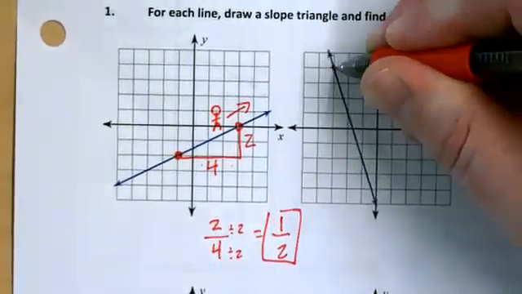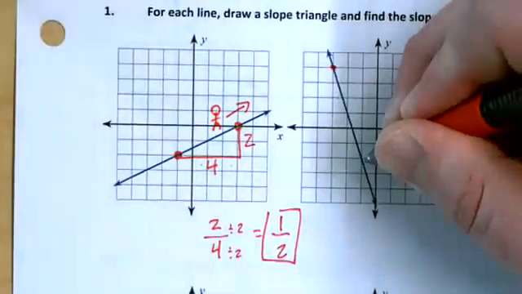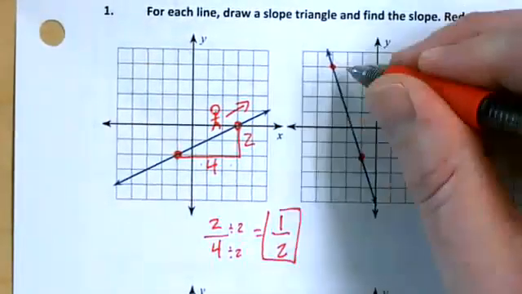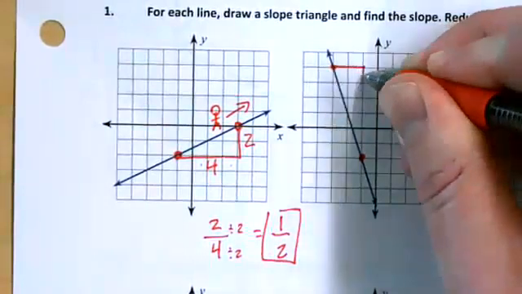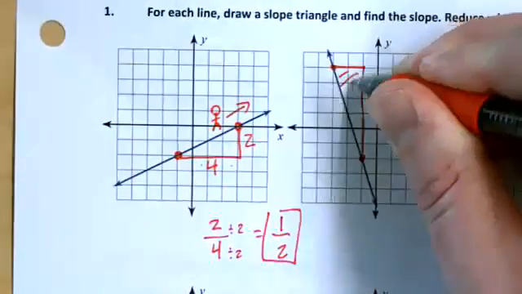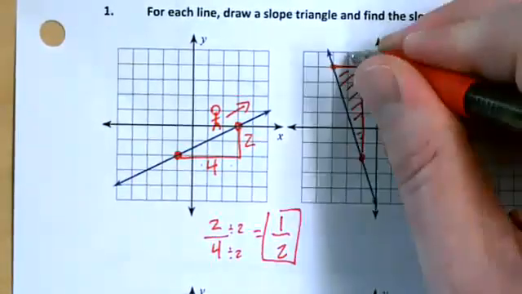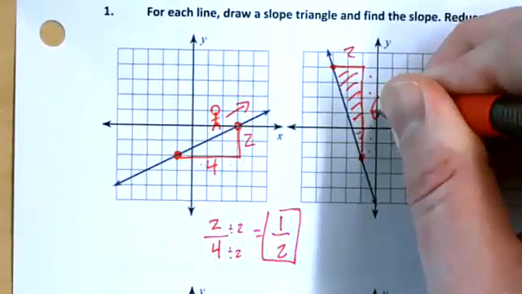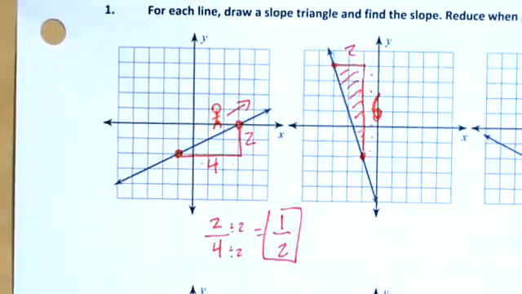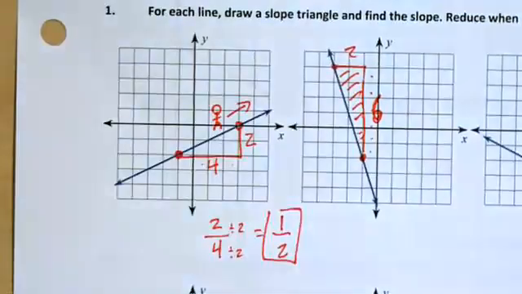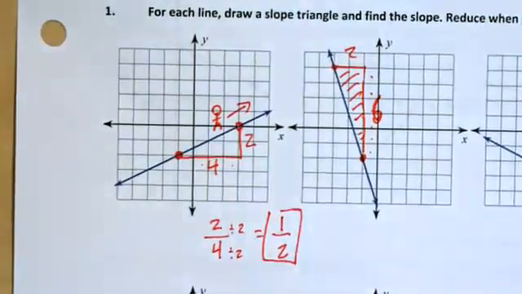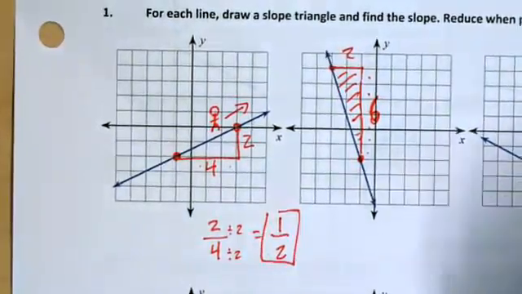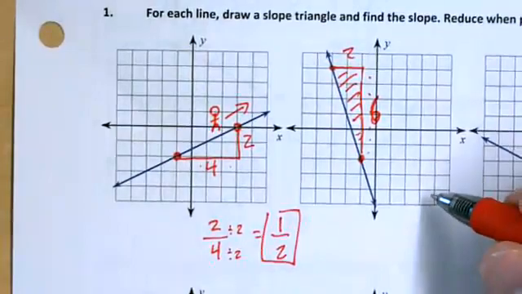Remember, you might be picking different points than me, and that's okay if so. Is this second one a positive or negative slope?